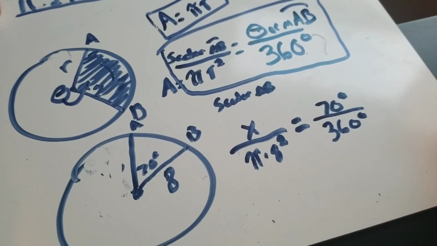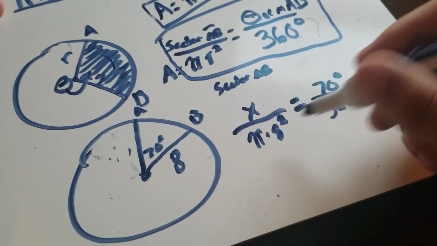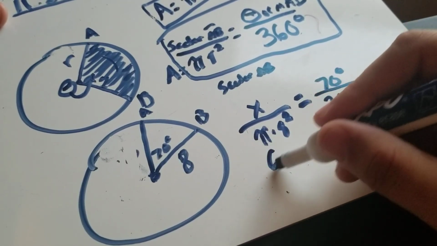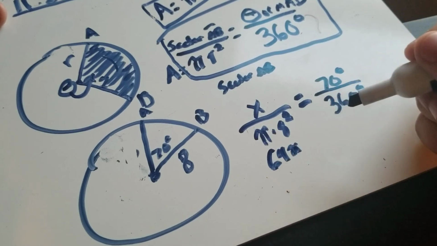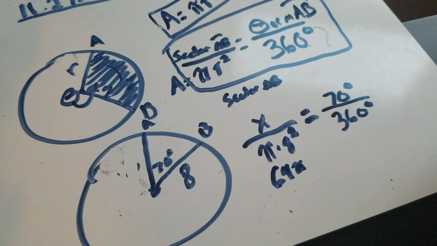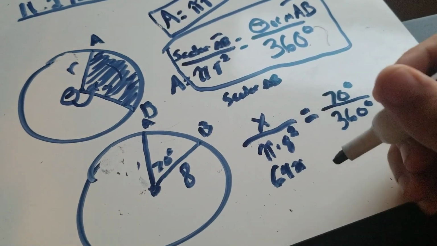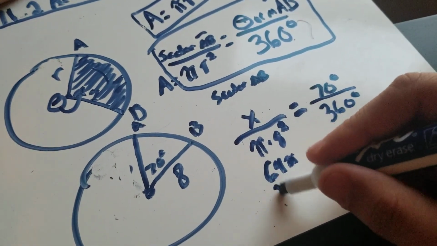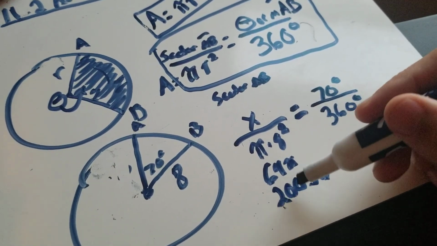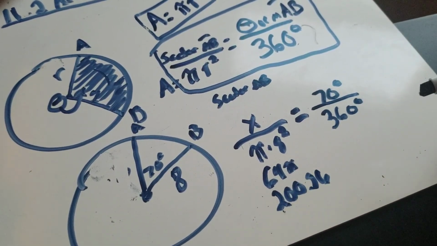So let's do some simplifying before we do some cross multiplication. So we could write this as 64 pi. And some people like to have the actual decimal, so we could change that into 200.96. Now, you could use 200.96 and do all your math.